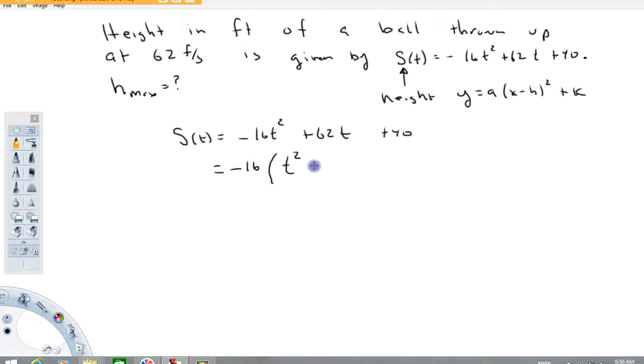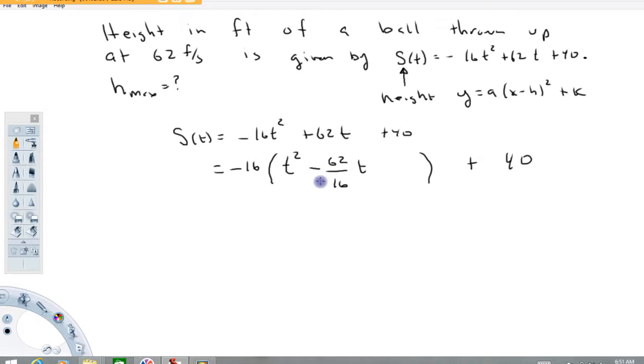So I'm going to write this as minus 62 over 16t. This product now is still positive 62. We'll leave ourselves a little space for what we're going to add to make this a perfect square, and then the plus 40 over on the right.